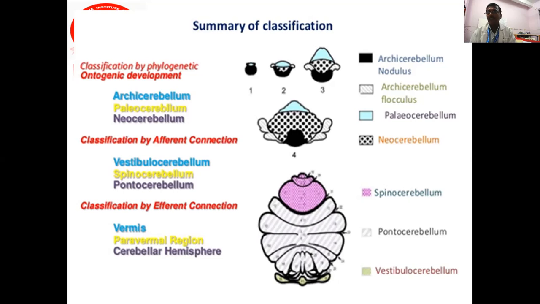Classification by the efferent connections: vermis and paravermal region, cerebellar hemisphere. The right side top is archicerebellum, with nodules 1 to 3, and paleocerebellum, neocerebellum. And the right bottom is divided into spinocerebellum, pontocerebellum, and vestibulocerebellum.